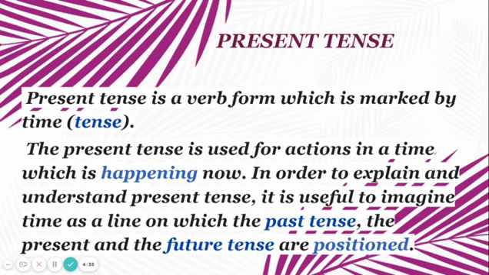Okay, in order to explain and understand present tense, it is useful to imagine time as a line on which the past tense, the present, and the future tense are positioned. What do you understand here?